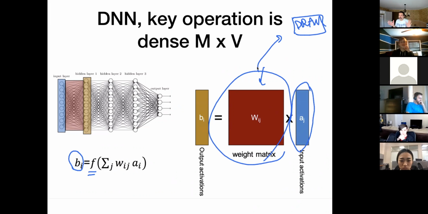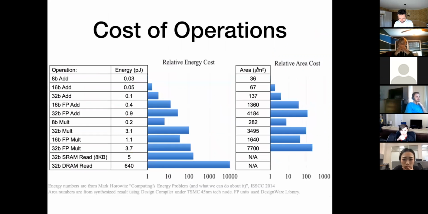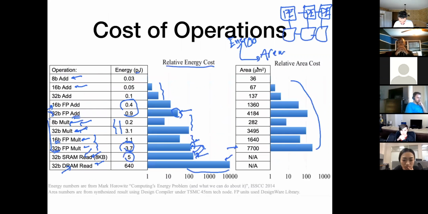You have no way to store the whole 16 million or even more weights in your local memory. So you want to have the least precision possible for these, to make them a lot more efficient with respect to accessing this DRAM, right? Because this is very expensive, right?